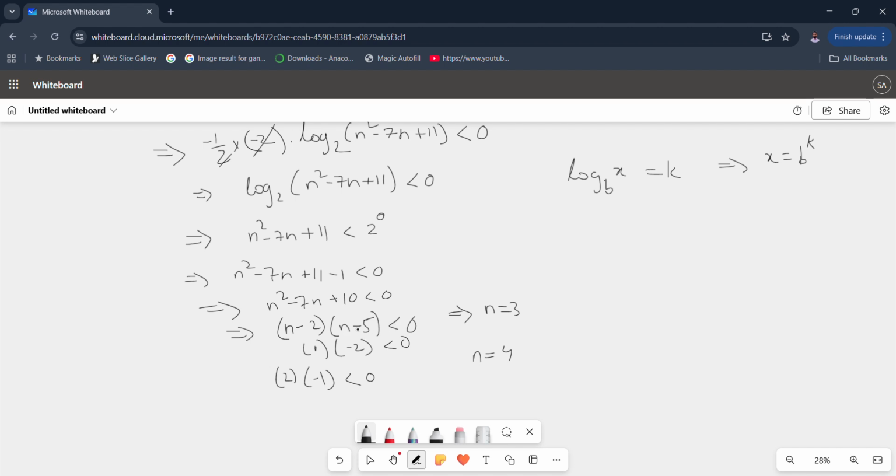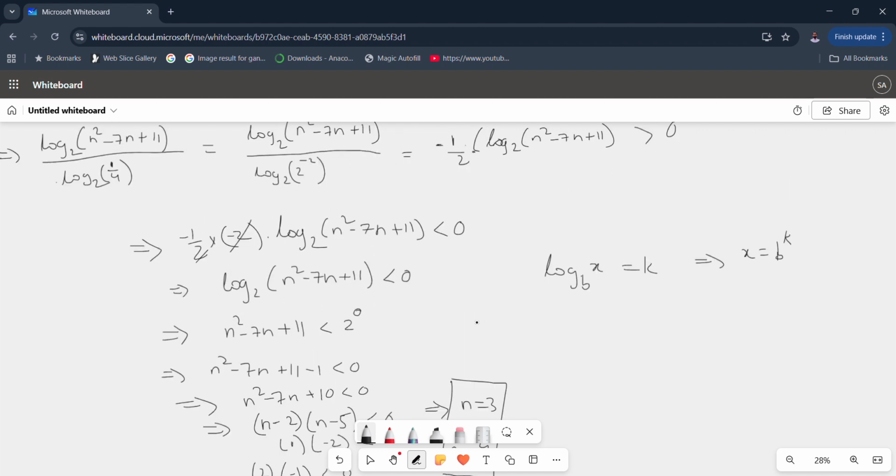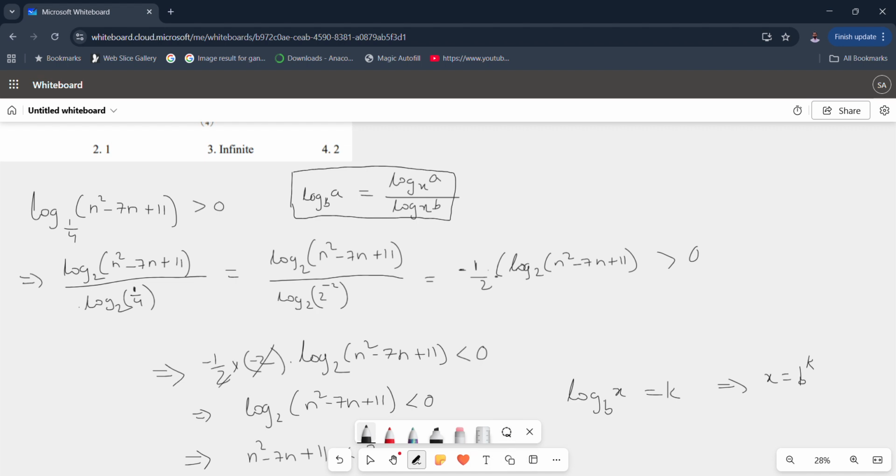And if you put any number more than 5, you get a positive number: 6 minus 2 is 4, 6 minus 5 is 1, so 4 into 1 is positive, and this does not satisfy. So we have only two solutions which satisfy this inequality. So here the answer is option 4.